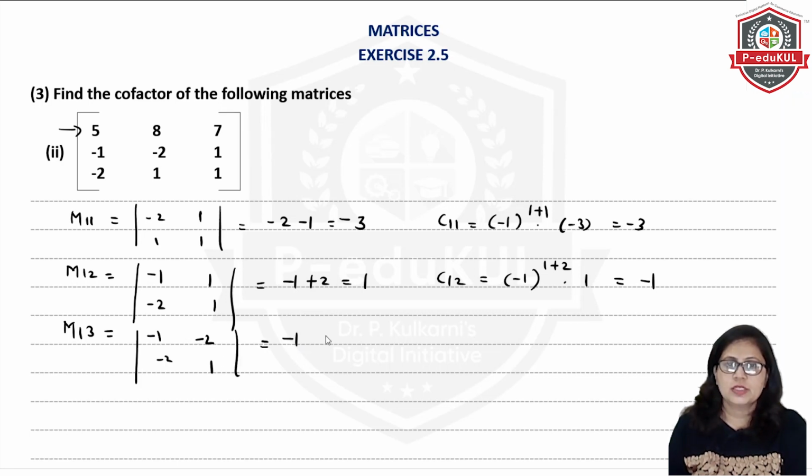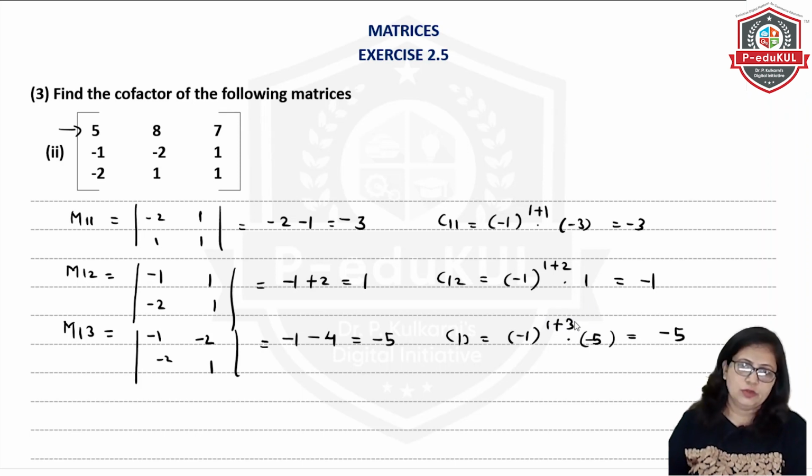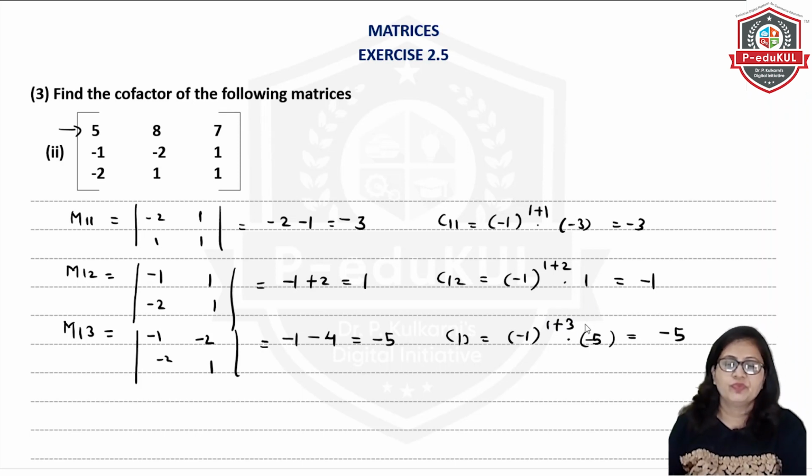So that will be minus 1, minus 4, minus 5. Now C13 will be minus 1 raised to 1 plus 3 into minus 5. So this will be minus 5 because this power will be positive. See, whenever the powers are positive, no need to think about the signs. Whenever they are odd, then only you need to think about the sign. So this is all about the first row.